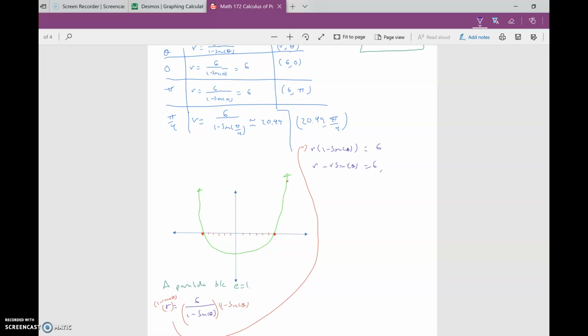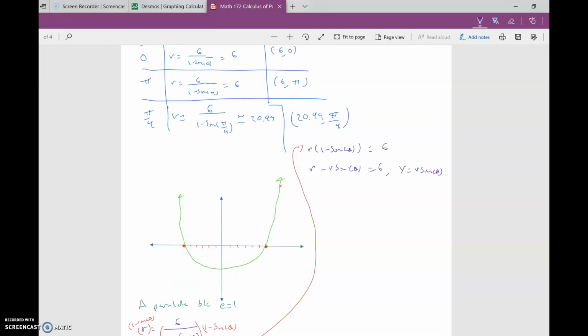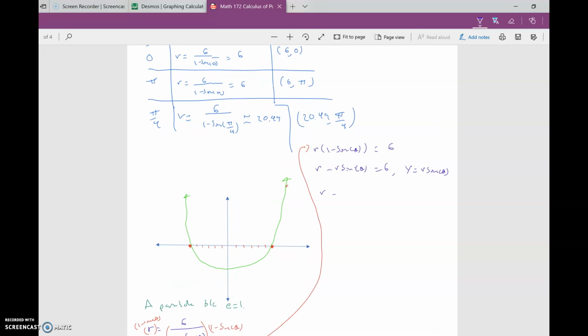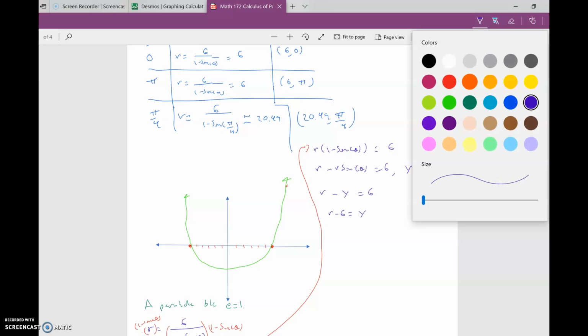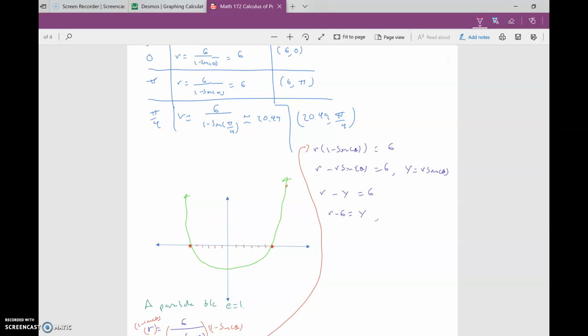And then remember that y is equal to r sine of theta. So this is going to be r minus y is equal to 6. So let me rewrite it as r minus 6 is equal to y. And remember that we have an equation that actually says, well, r is equal to the square root of x squared plus y squared, or r squared is equal to x squared plus y squared.